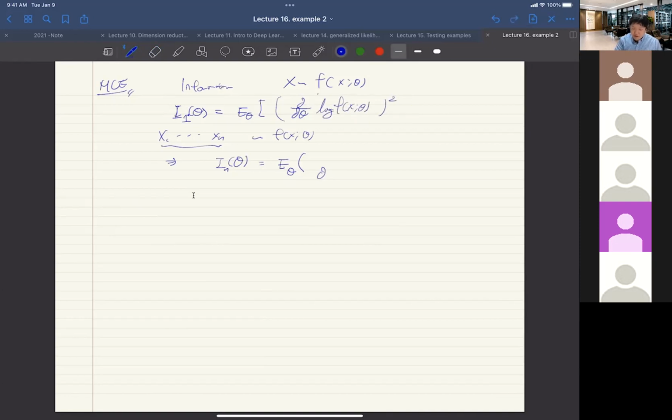So this is a sum of the log likelihood, right? So the inside of this square will be the sum from i equals 1 to n of the derivative of log f of xi given theta, right?